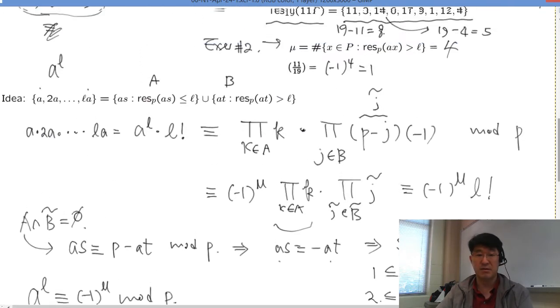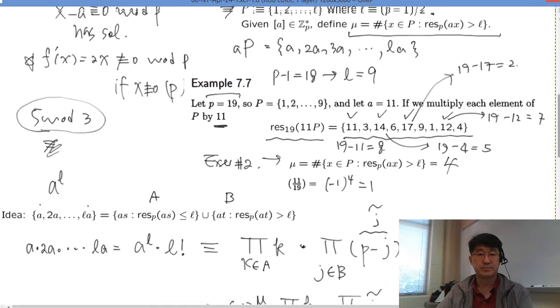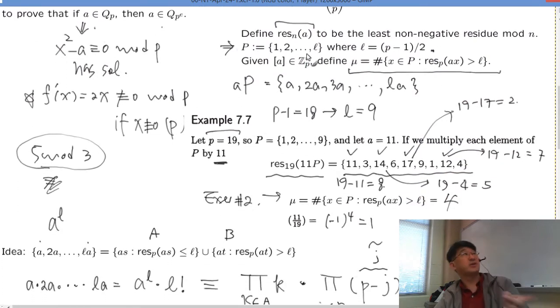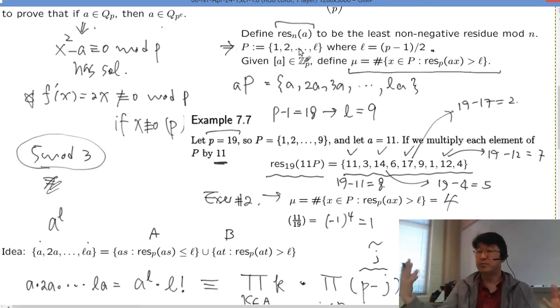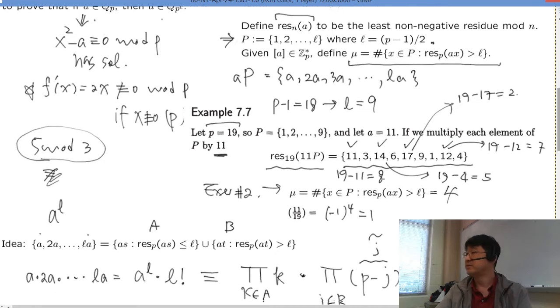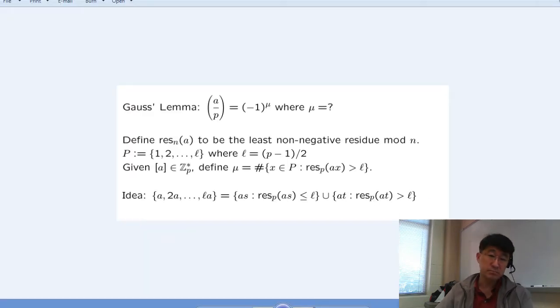That's the idea. From Euler's theorem, we consider this half residue system, multiply all the A's, and the product gives you A to the L. Same thing as Fermat's little theorem happens with more of the negative 1 business taken care of. All right. There's Gauss's lemma. All right.